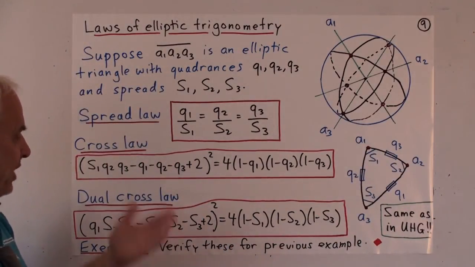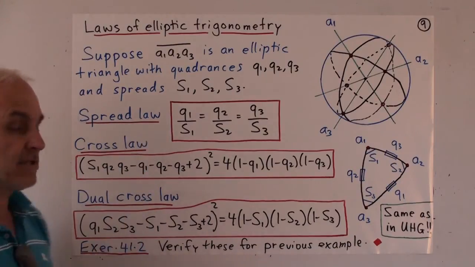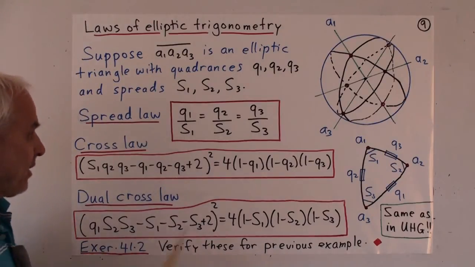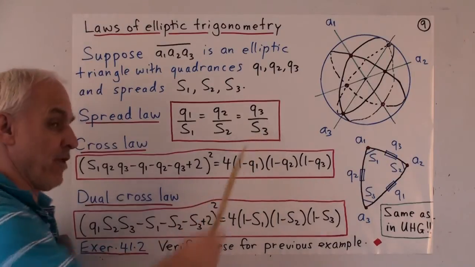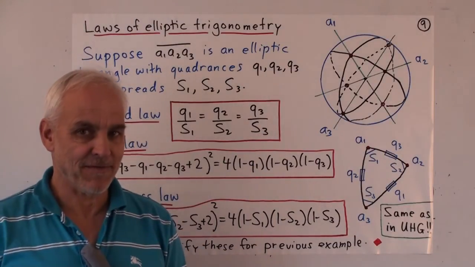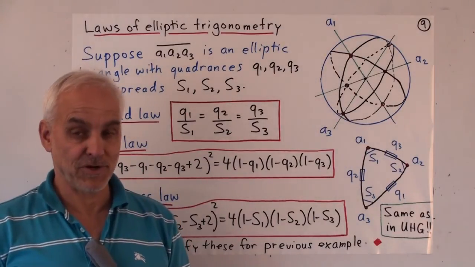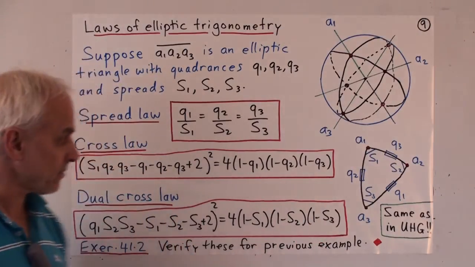Well, there are really 2 laws, but one has a sort of a dual aspect, which I'll write down as well. So the first law is the spread law, which says that Q1 over S1 equals Q2 over S2 equals Q3 over S3. It will not be a surprise to you that have studied a bit of rational trigonometry, either in the affine setting or in the hyperbolic setting.